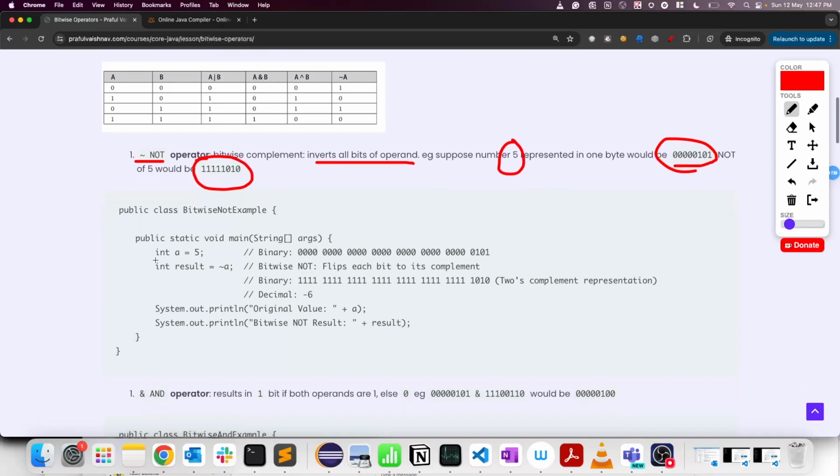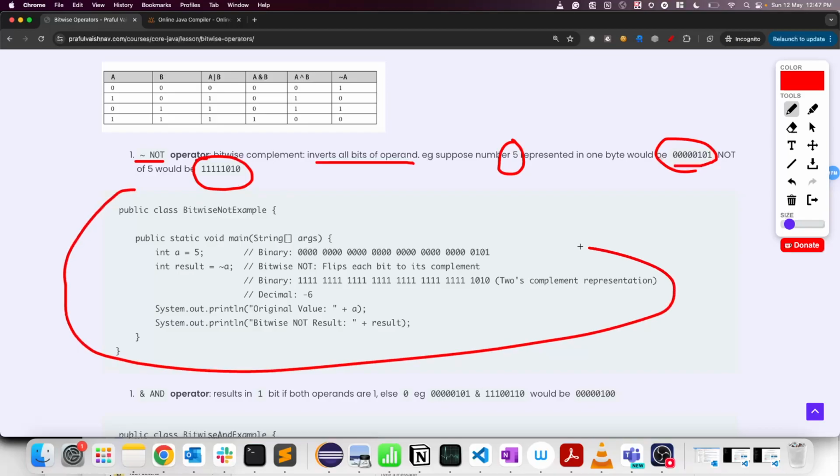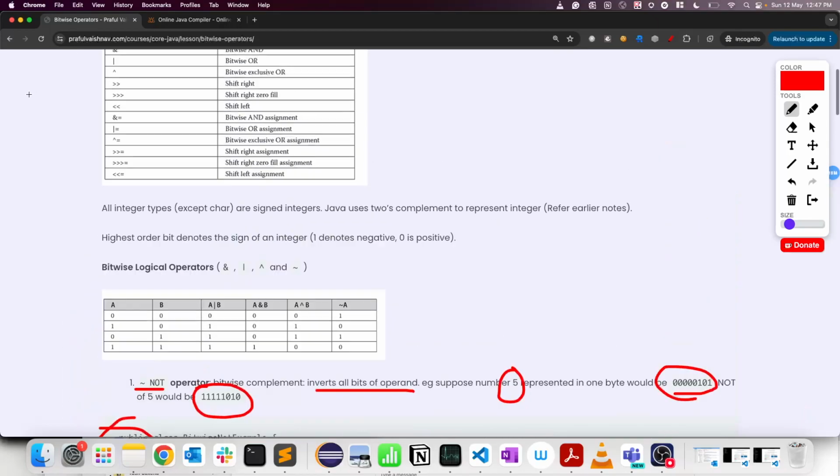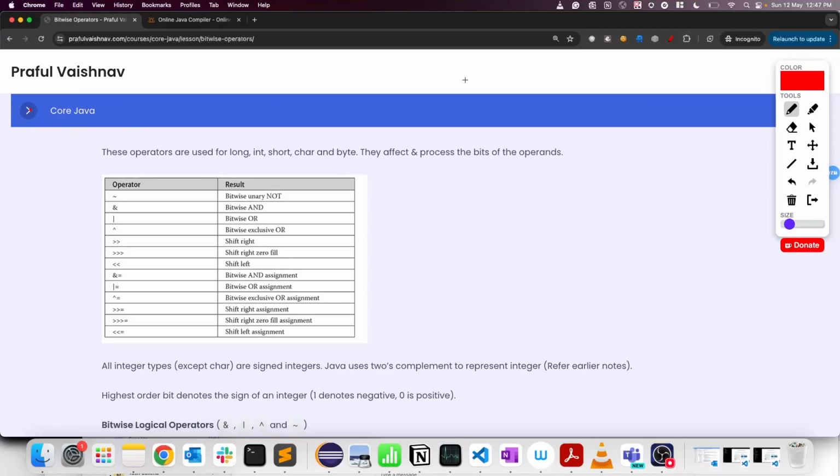Please run this code. I have provided all the code here. You can run it, and before running it, please refer to this 2's complement representation. Here also you can find it.